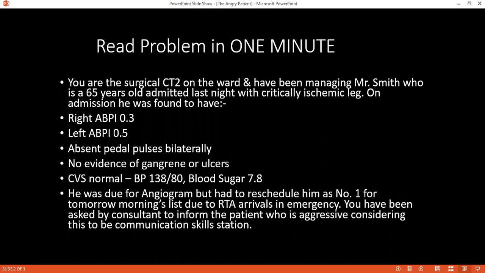Fortunately, the emergency came up, and my consultant was called. So we have shifted this procedure. We have planned it for tomorrow, and I'm really, really sorry.